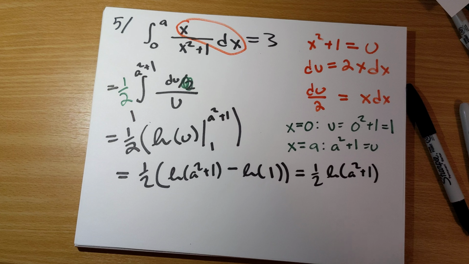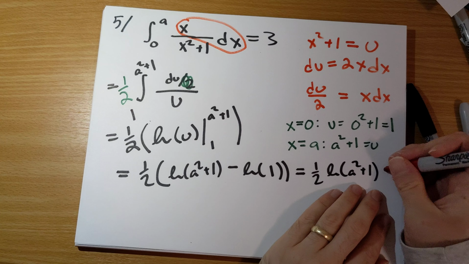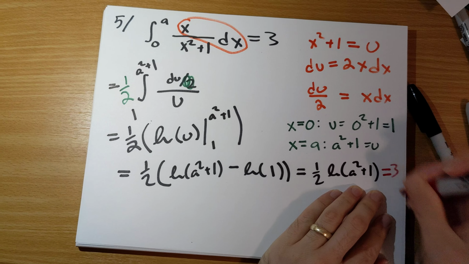Okay, we evaluate the integral here. We want this to equal 3. So the punchline, the final part of this, is that we need to solve this equation for a. Multiplying on both sides by 2 gives us natural log of a squared plus 1 is equal to 3 times 2, which is 6.